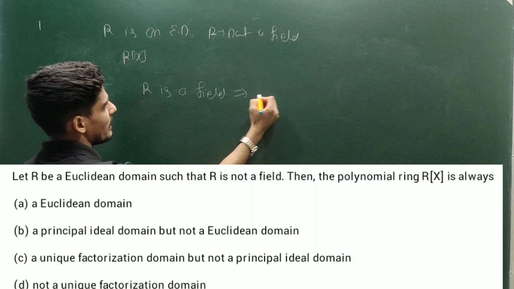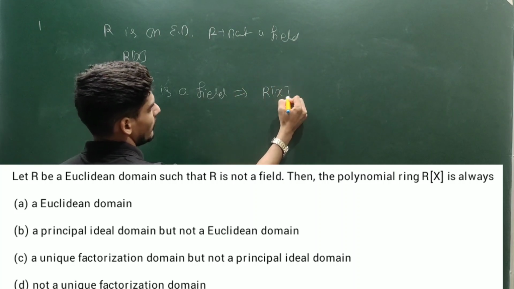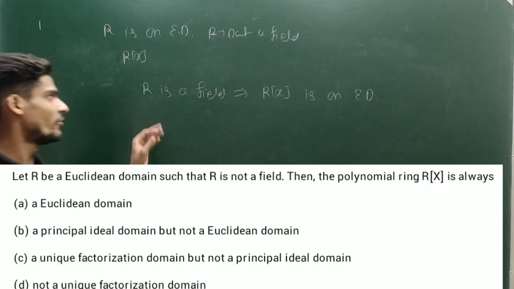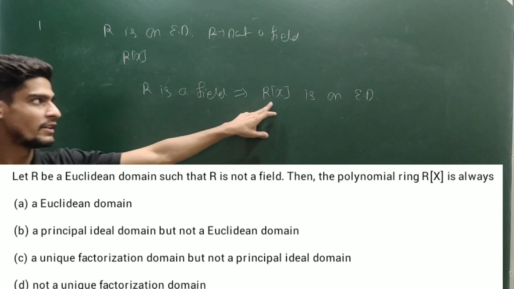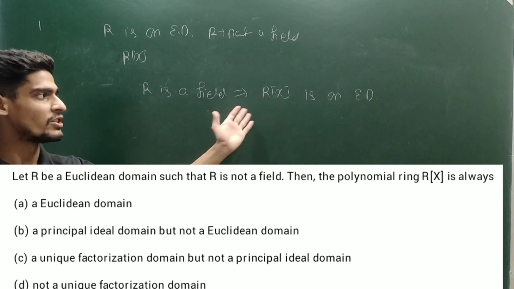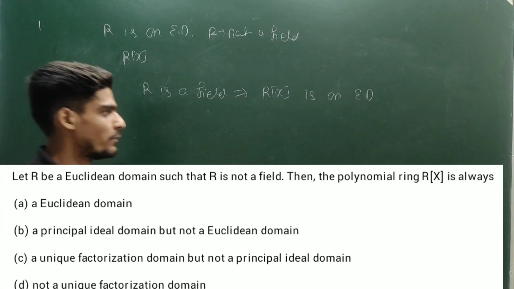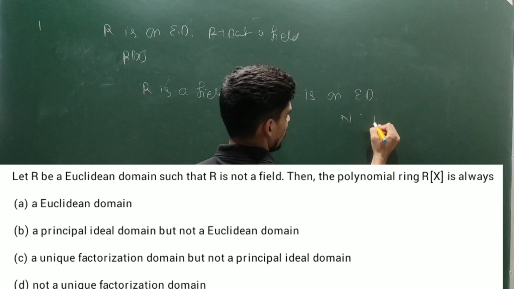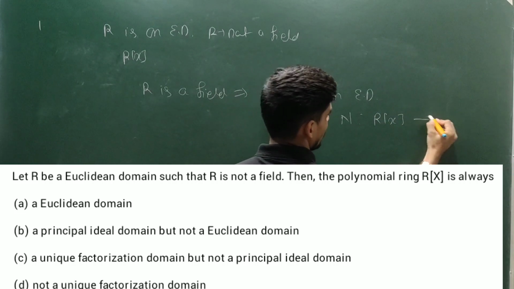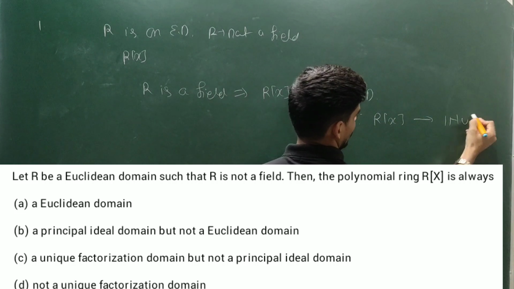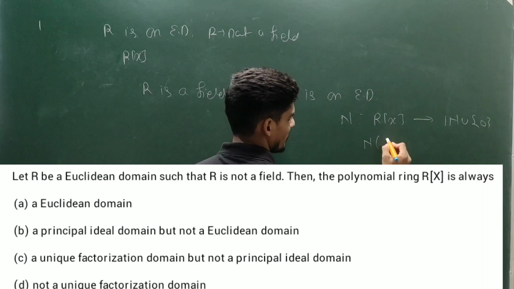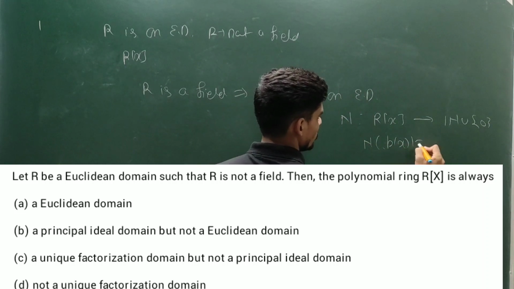We know that if R is a field, this implies R[x] is a Euclidean domain, because whenever we have a field, we can define the Euclidean norm on R[x], which is defined as the degree of that polynomial. It sends p(x) to degree of p(x).